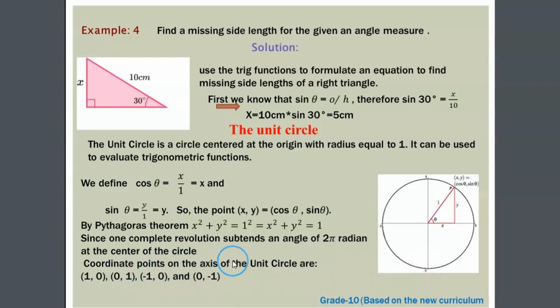You see, therefore the coordinate points on the axis of the unit circle are (1, 0), (0, 1), (-1, 0) and (0, -1).